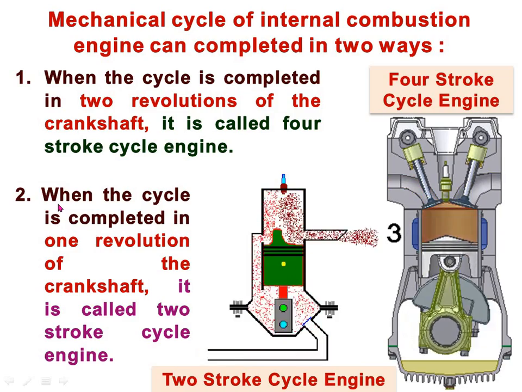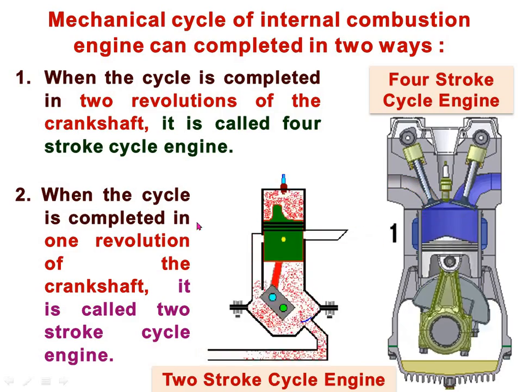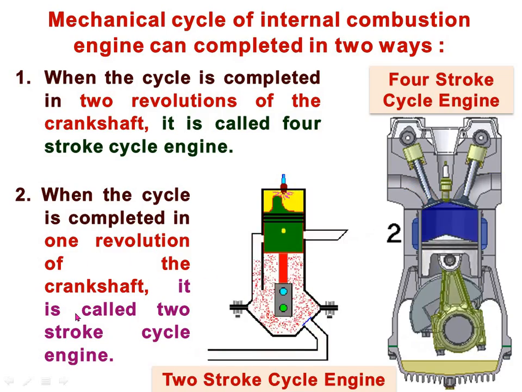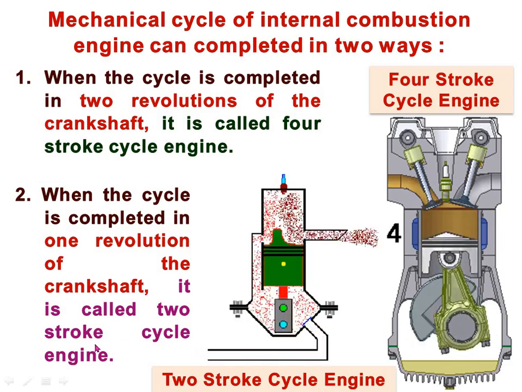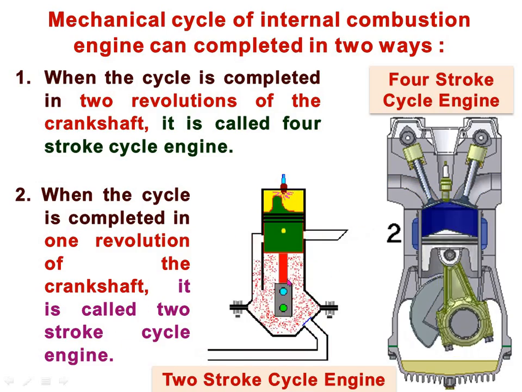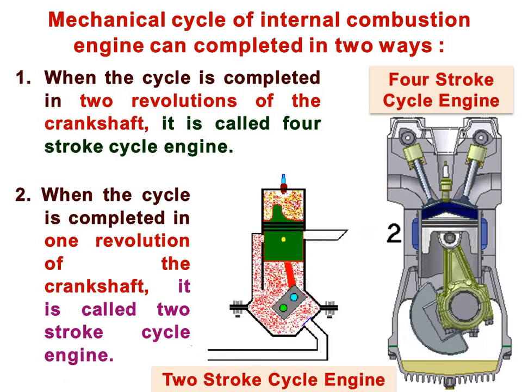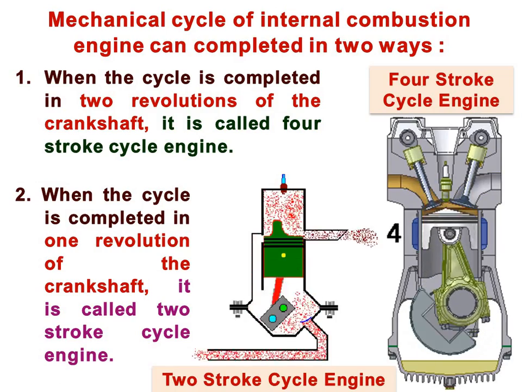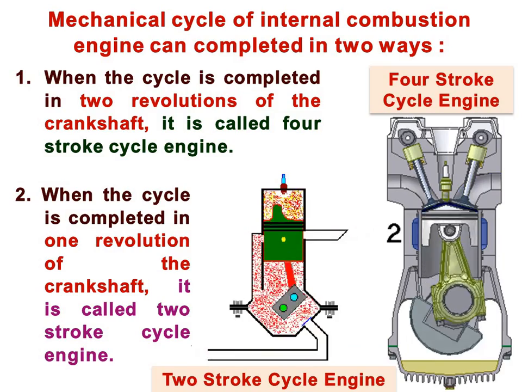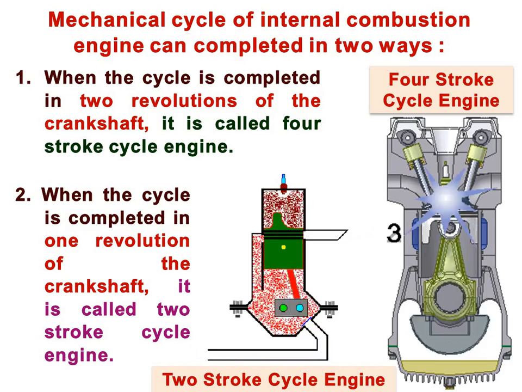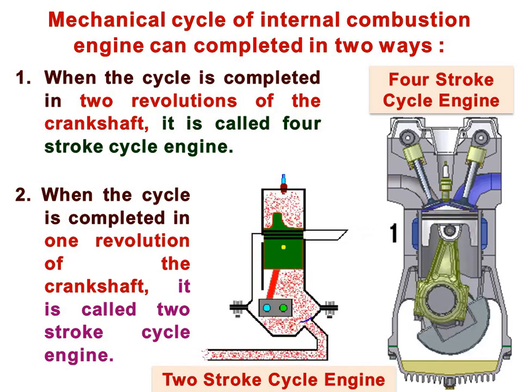Now, second, when the cycle is completed in one revolution of the crankshaft, it is called a two-stroke engine. Here, see, in the two-stroke engine, one complete revolution of the crankshaft produces one power stroke, and this one power stroke is generated in the two strokes of the engine.